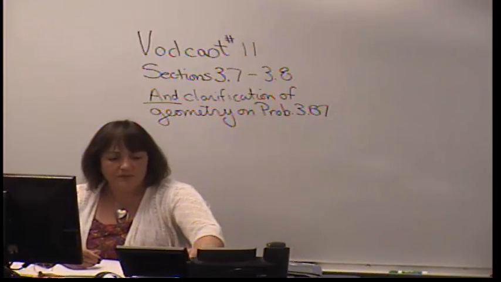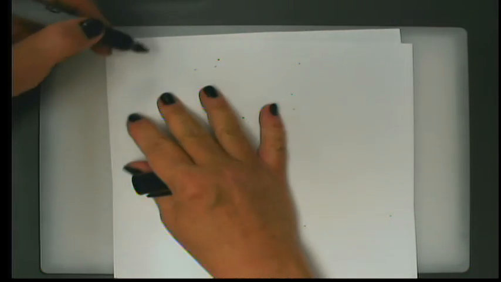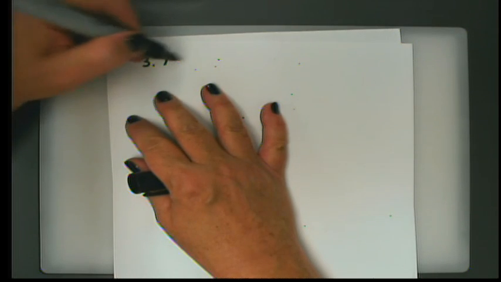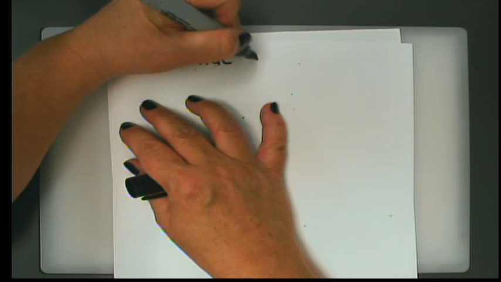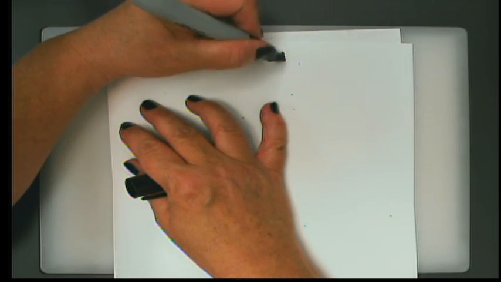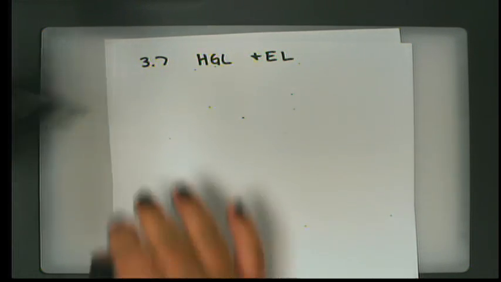All right, so having said that, we're going to move on to section 3.7, and we're going to talk about some different concepts, but basically these are very practical hydraulic concepts of the hydraulic grade line and the energy line.